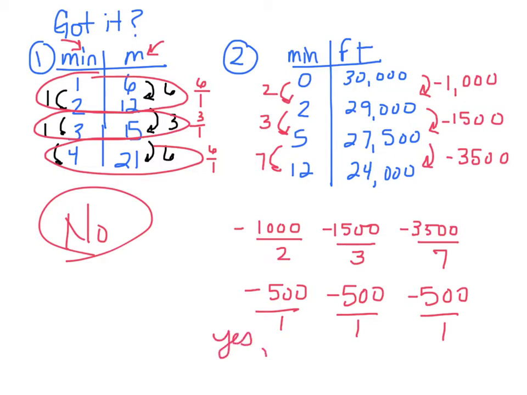The answer is yes. So what is it? Well, it'd be negative 500, or negative 500 divided by 1. Now, what does that mean? It means in this problem, and if you look at your book, it says the title, which is Airplane Descent. That means our airplane is descending at a rate of 500 feet per minute. We are dropping 500 feet every minute, and that would be our answer.